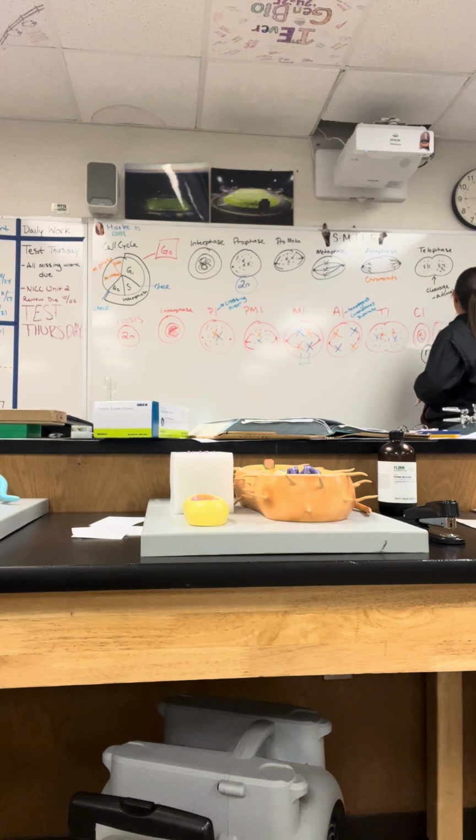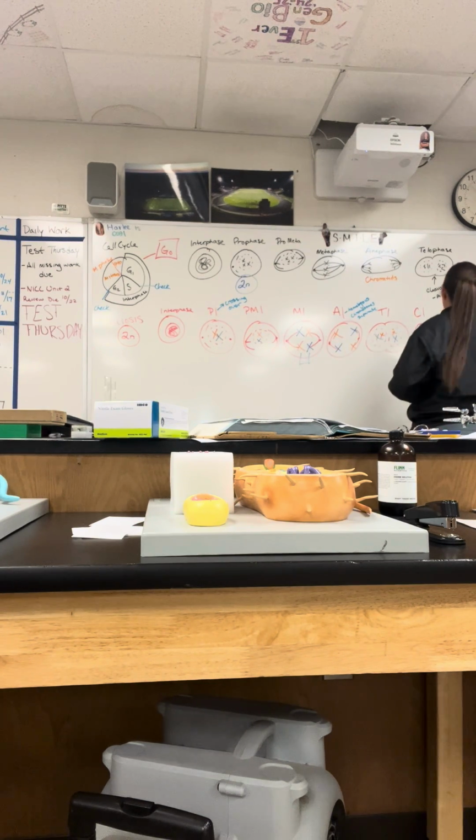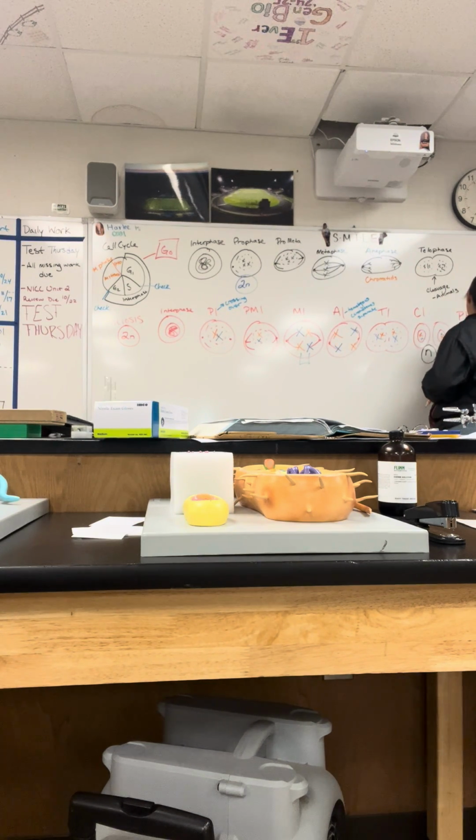Now we go into prophase 2. And I'm going to draw prophase 2 right next to this so you can see there's no break. Interphase doesn't occur again. This is happening in 2 cells.